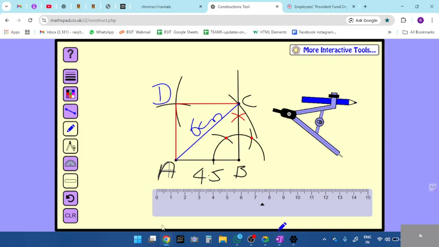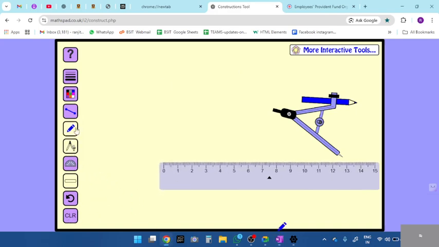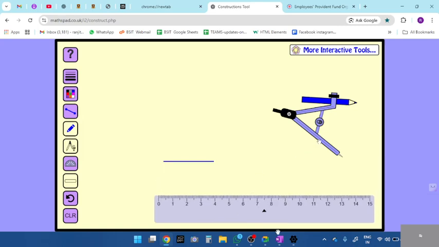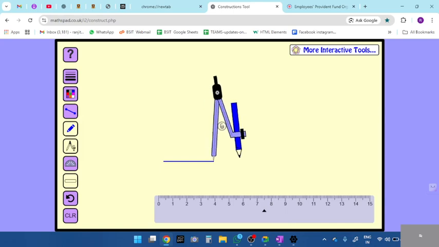Last question. Okay, 3.5 centimeters. Then all the angles should be at 120 degree. Okay, construct 120 degrees. Let me take certain value.